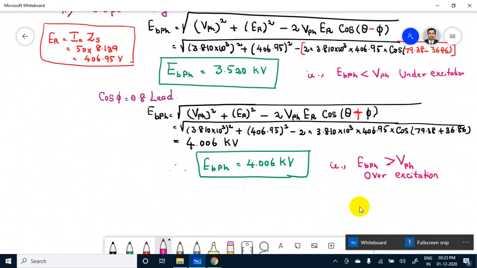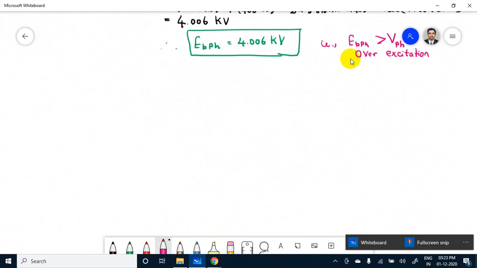Now I will explain the difference between the synchronous motor and the induction motor. This is one 5-mark question.